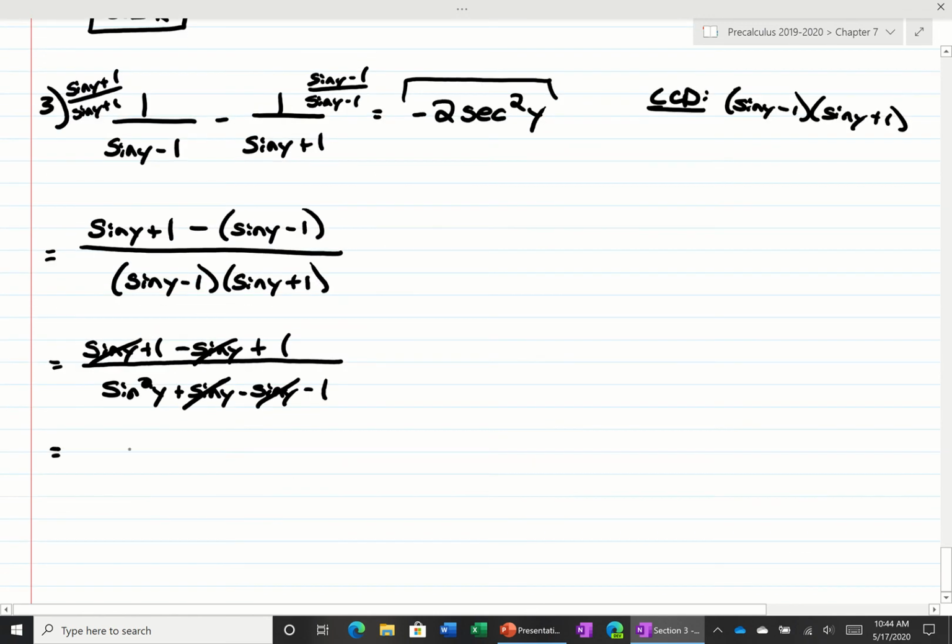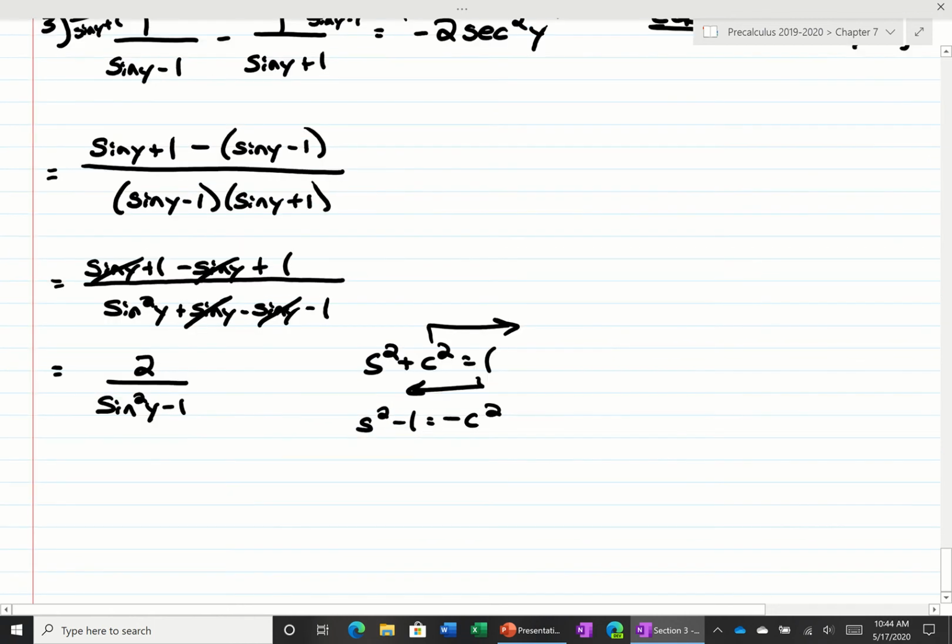It looks like we get on top 2 over sine squared of y minus 1, which kind of looks like the Pythagorean identity, but sine squared minus 1 is equal to negative cosine squared.